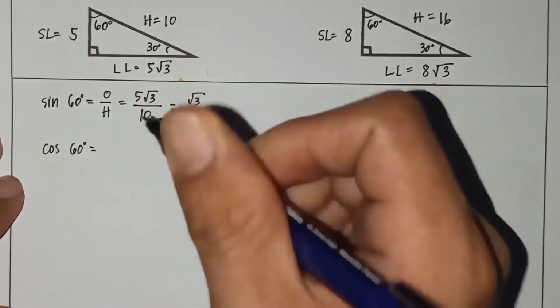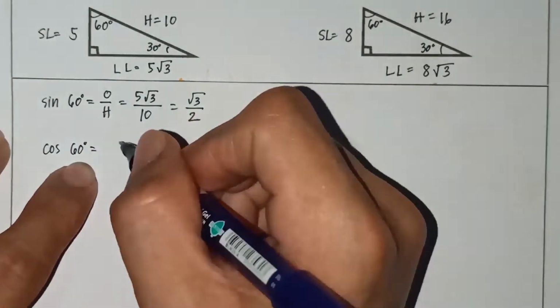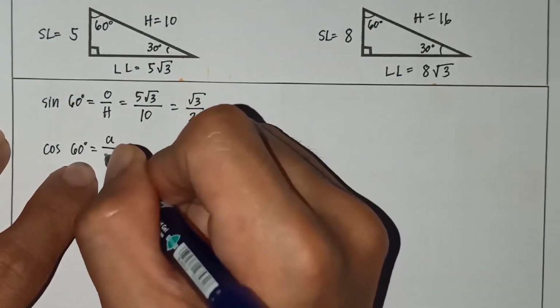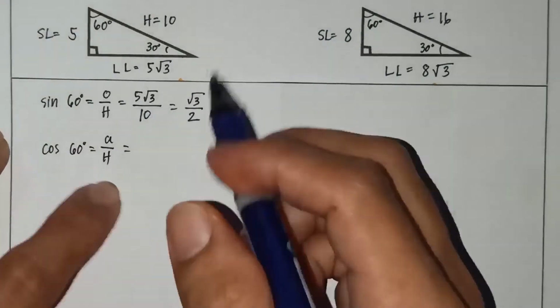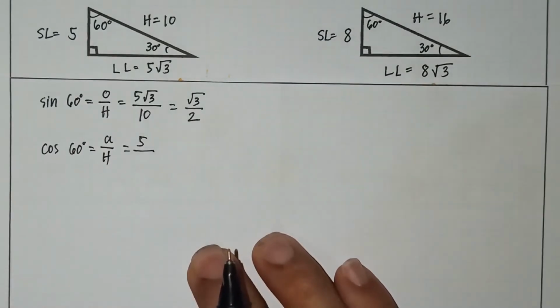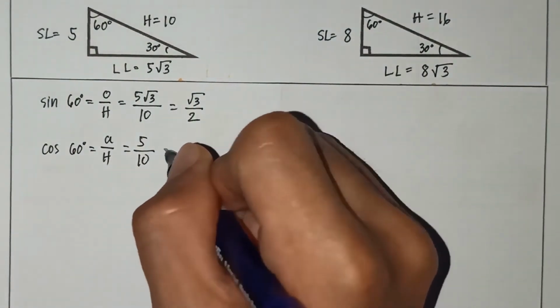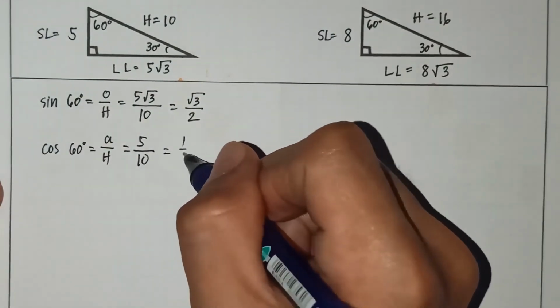Cosine 60 now is adjacent over hypotenuse. And the adjacent here is 5, and the hypotenuse is 10. And the answer here is 1/2.